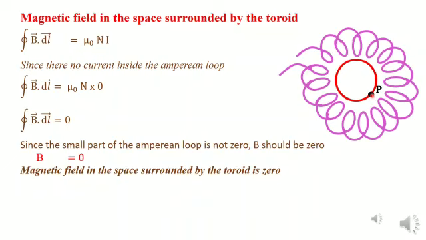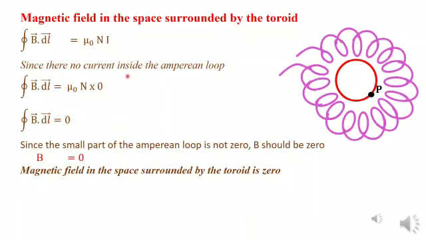We can take this point as P. Then, to apply Ampere's circuital law, consider one Amperian loop which is passing through this point. Now, Ampere's circuital law is closed integral B dot dl equals mu 0 times the total current flowing through the toroid.